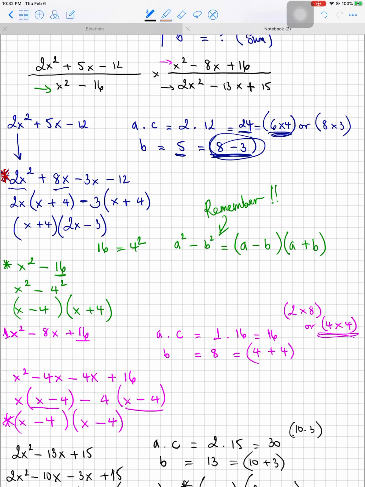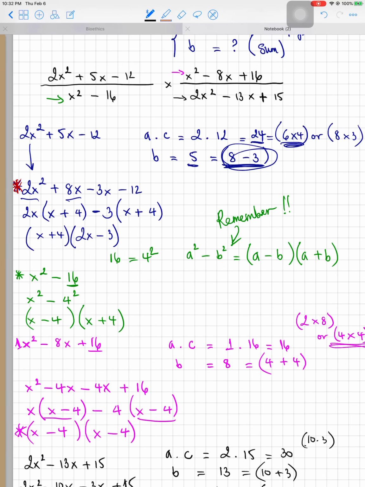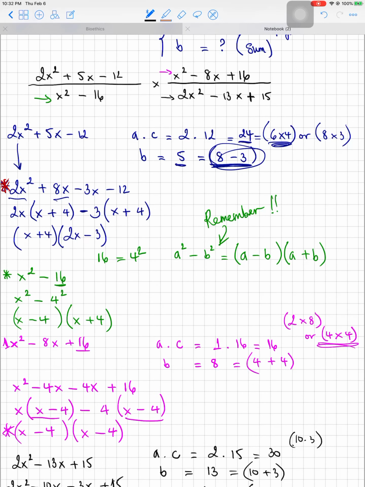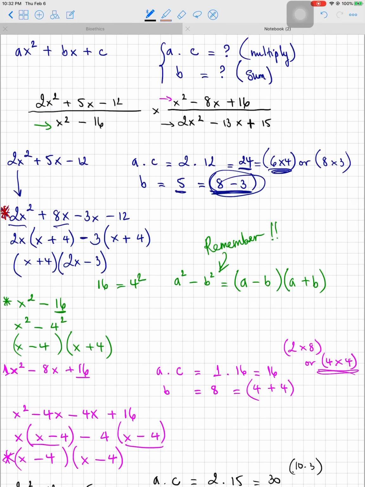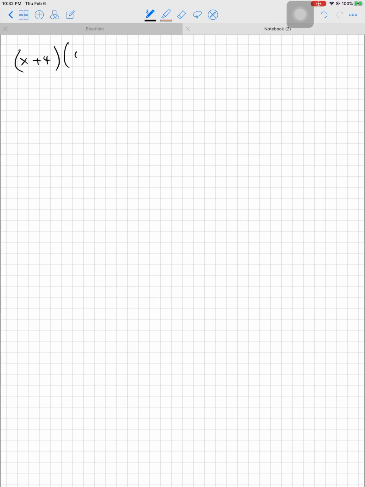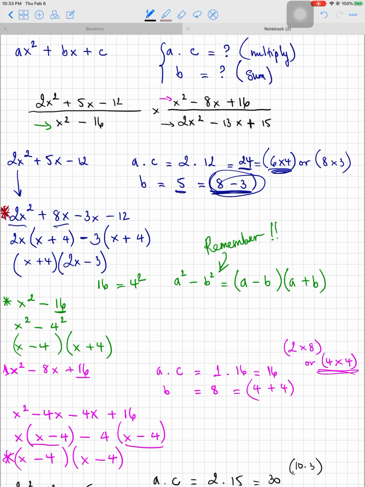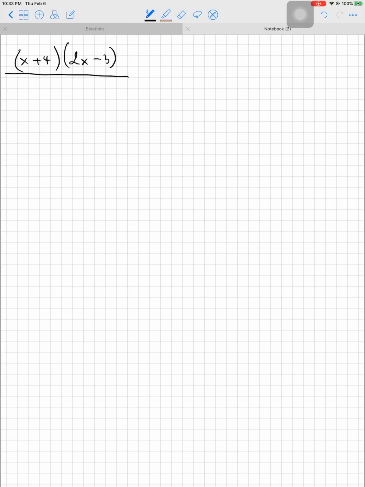Okay, so now let's put all four parts together. We have the first one: x plus 4 and 2x minus 3 on top, and the bottom is going to be x minus 4, x plus 4.